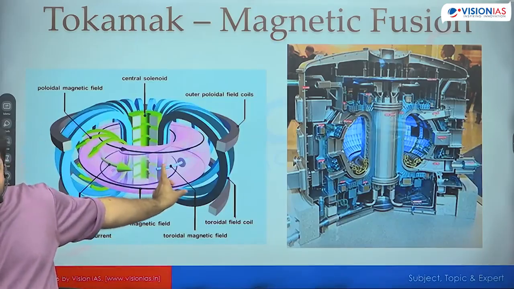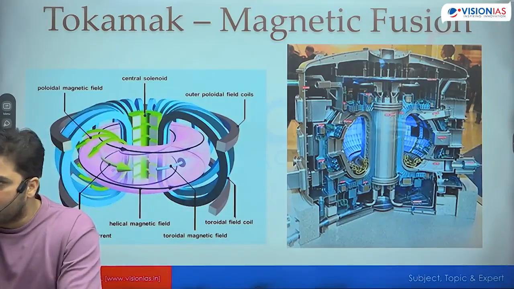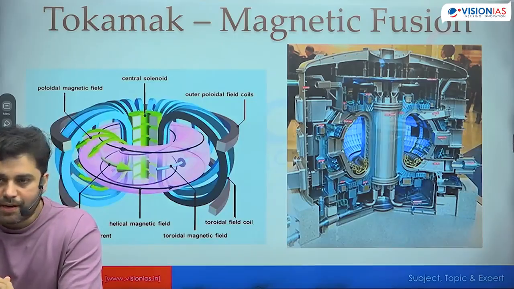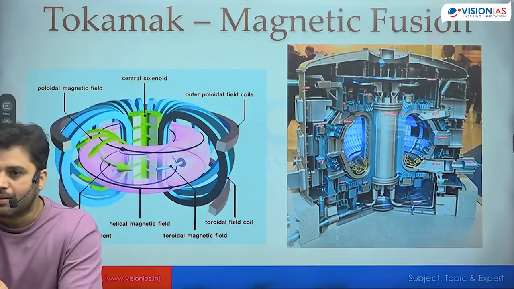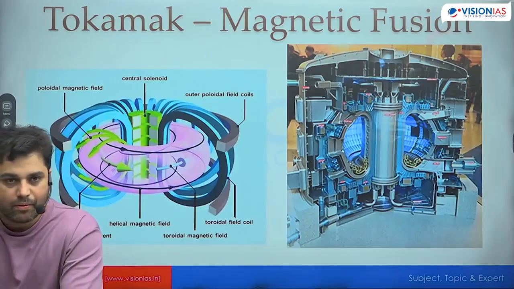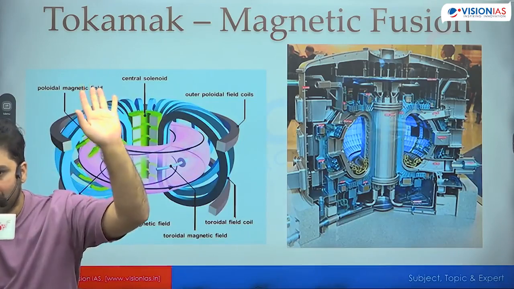Inside this toroid, inside this perfect vacuum, we are going to produce very, very powerful magnetic field. Those who have studied magnetic field in class 11th physics, will you tell the rest of the class what magnetic field does to charged particles? What is the impact of magnetic field? How many of you have studied physics in class 11th? A few of you.